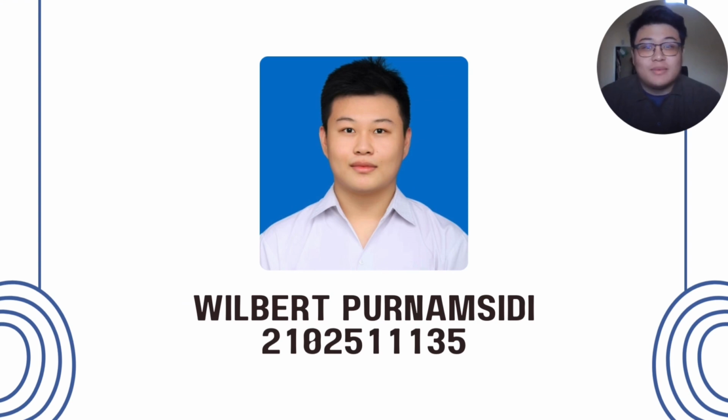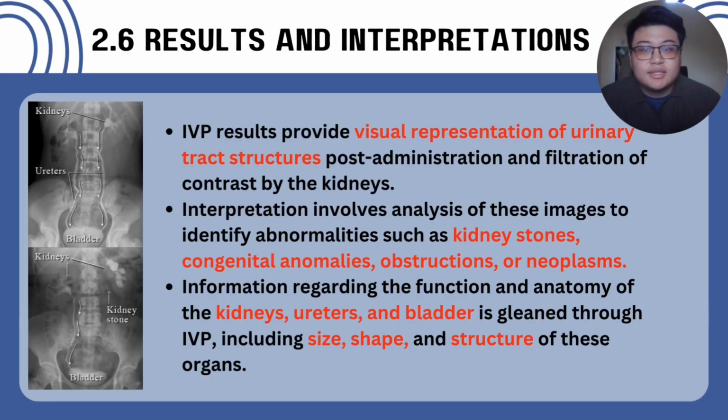My name is Wilbert Purnamasidi, with the last digits of my student number 135, and now I will explain about 2.6, result and interpretations. So the result of IVP is like the image on the left side of this slide. An IVP result provides a visual representation of urinary structures after administration and filtration of contrast by the kidney.